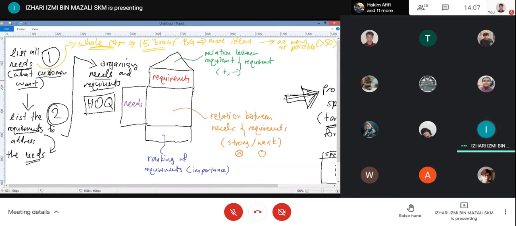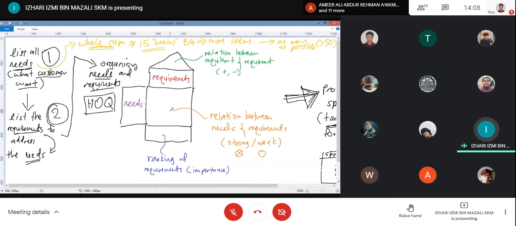Okay, in short, here you will list down your requirement, and here needs, and then here basically the relationship between the needs and the requirement. The relationship we define it in terms of the strong, less strong, weak, weaker, and so on. Usually you use symbol. You can describe your own symbol here.